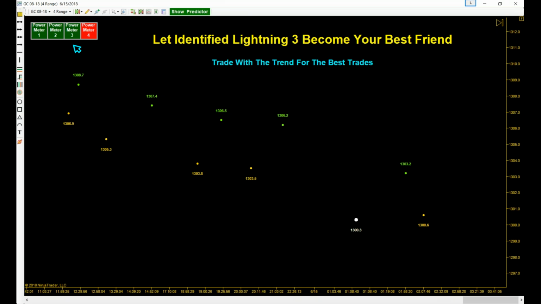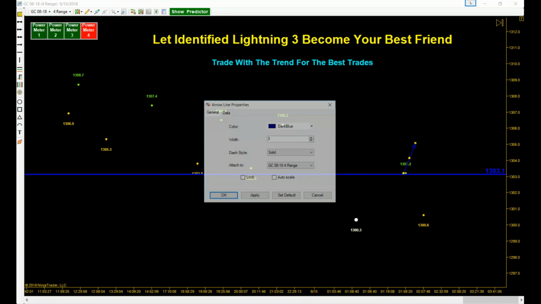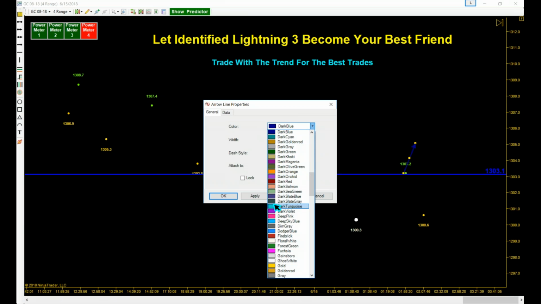Now, that's something that I may even add to this thing, maybe a second power meter, talk with the program or something like that, because what happens a lot of times is you get this right here. You had a huge thrust down, and then you start getting a little bit of a retrace and you get a higher low, okay? But they're not really heading up until they take this out, and you also want to be careful because you want it to actually thrust up something pretty nice even.